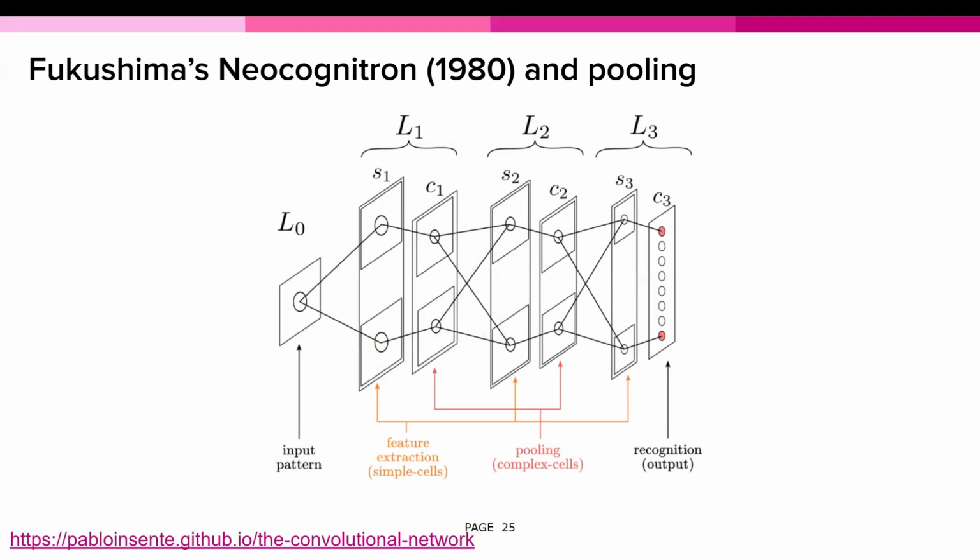I'm going to talk a little more about this in the next few slides, but the idea is that this hierarchical processing enables the network to build up a representation of the input pattern in a step-by-step manner. We move from local features to global structures, capturing increasingly abstract patterns as we go from the first levels to the higher levels.